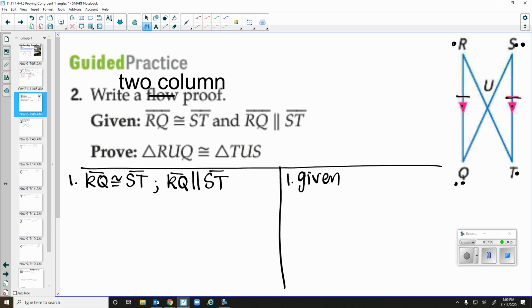Okay, so we have our parallel lines cut by a transversal. So this angle is congruent to that angle. Thinking about the parallel lines, we first have to state that they're alternate interior angles, then we can state that they're congruent.